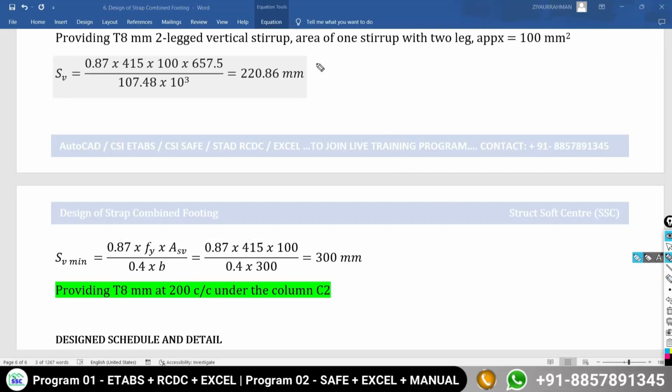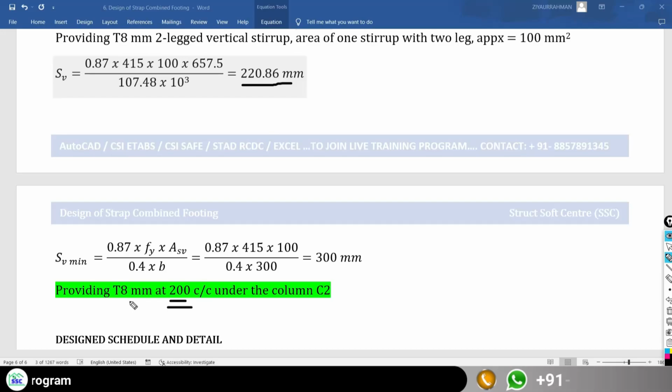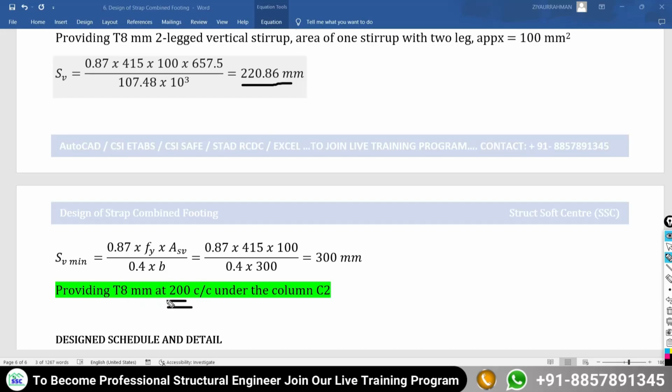So in comparison of these two, you have to consider the minimum one. What minimum one are we getting? 220. Okay, 220 you cannot provide, so you have to round this value. We are going to provide the spacing as 200 mm center to center. So finally we are going to provide two-legged 8 mm diameter bar vertical stirrup at a spacing of 200 mm center to center under column C2.